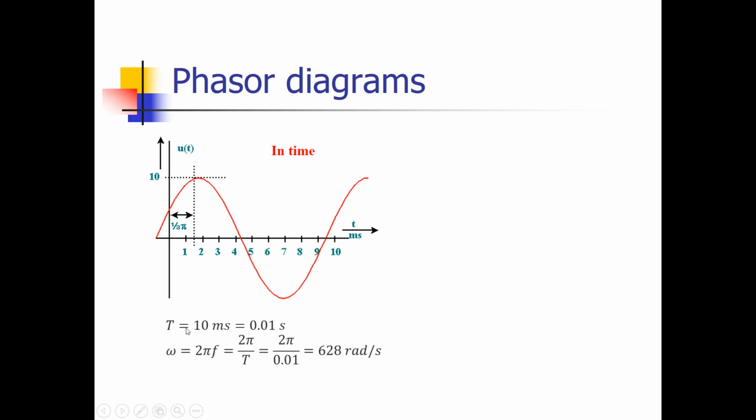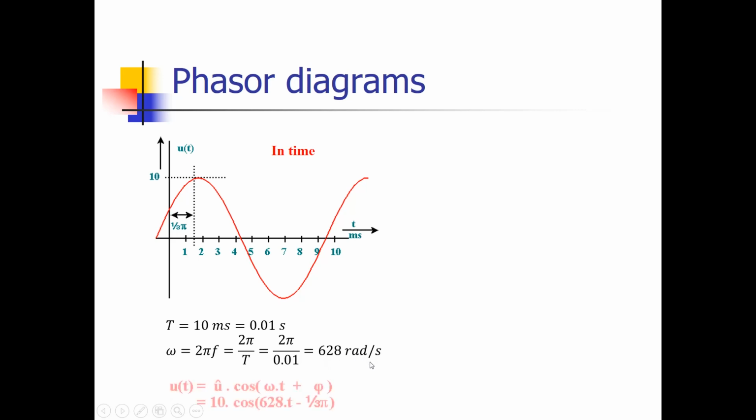The period time is about 10 milliseconds, which is 0.01 seconds, and then we can calculate the radian frequency from this period by calculating 2 pi over T, which is equal to 2 pi times f, which is 2 times pi over the 10 milliseconds, which gives us an angular frequency of 628 radians per second.